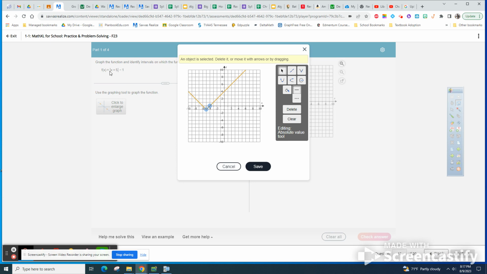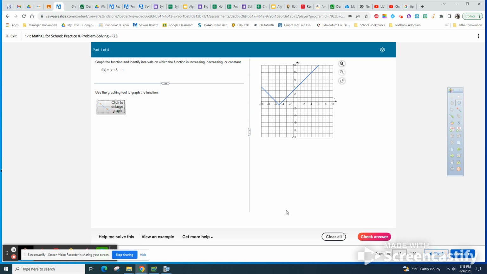If I plug in -4 here, I can always again go to my calculator and it'll give me these points. And I know it's a V shape because it says absolute value. Save. And my little recorder will time me out at some point. And I hit check answer.